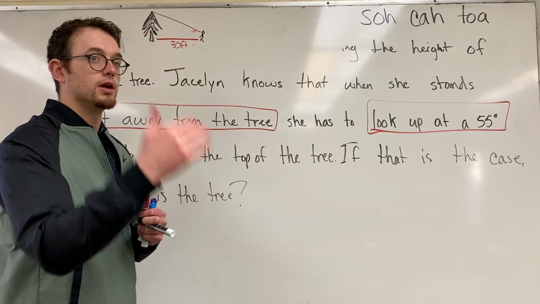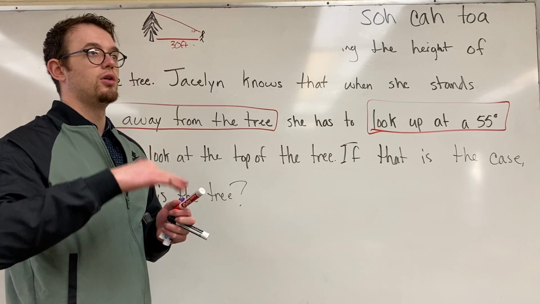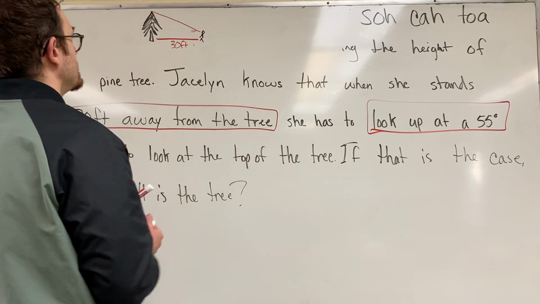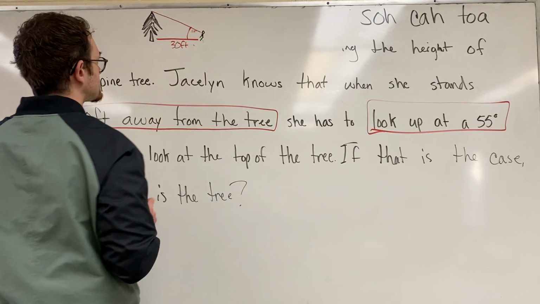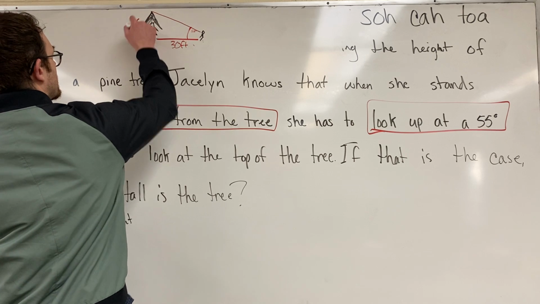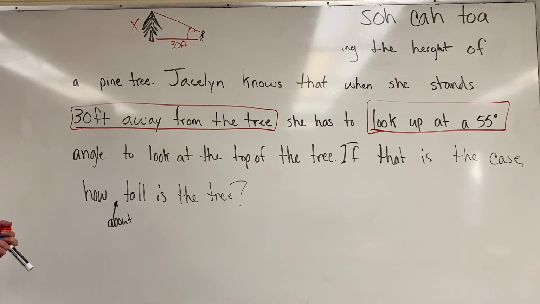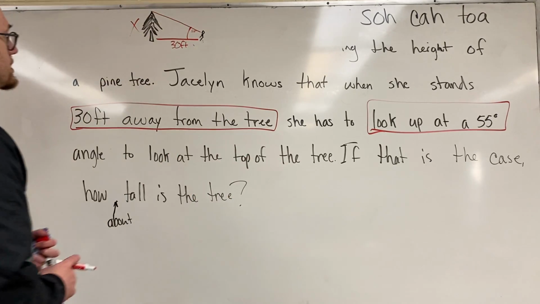All right, we're not gonna account for how tall or how high up her eyes are off of the ground. So we have our 55-degree angle, and we want to find X over there. We want to find out about how tall this tree is.